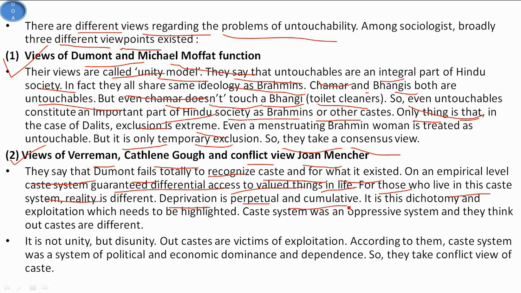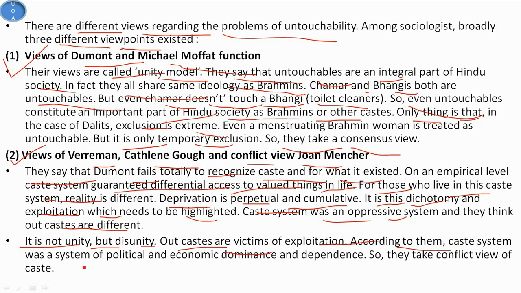Deprivation is perpetual and cumulative. This nature of exploitation needs to be highlighted. The caste system was an oppressive system. They think it should be outcast in any form it is present, and it is not unity but disunity, and outcastes are victims of exploitation.